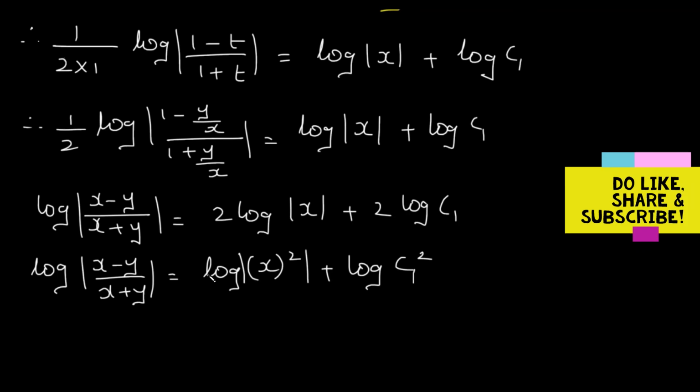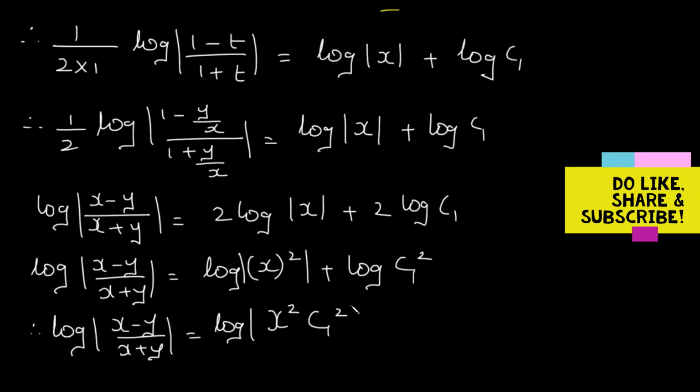Then we combine the logs, so we get log of x minus y upon x plus y is equal to log of x square c1 square, because of the plus sign over here.